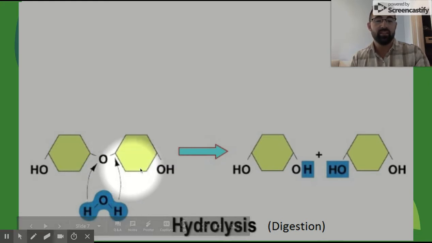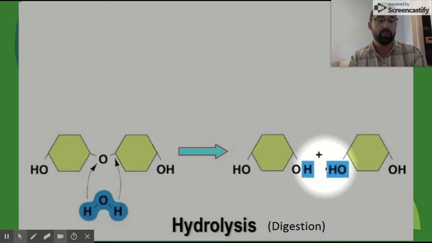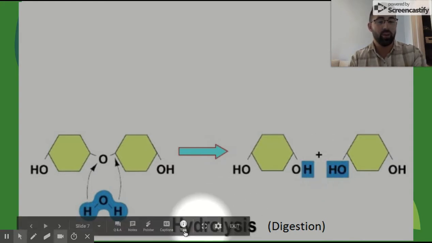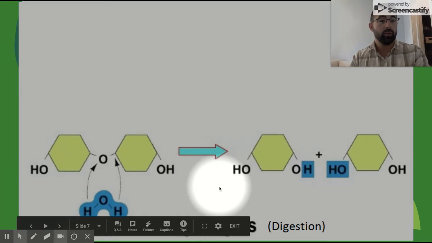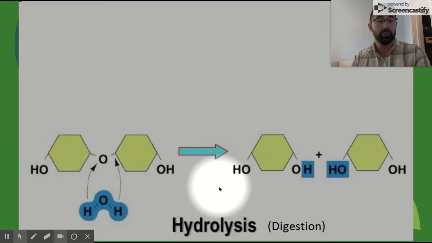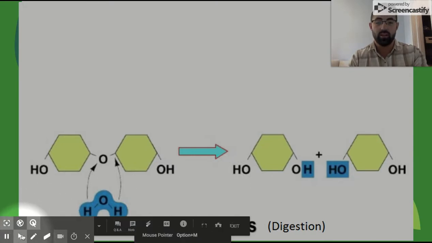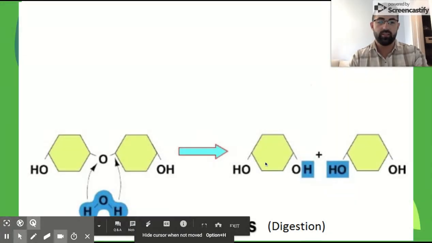And what happens in the course of the reaction is that the water molecule splits and bonds to the different sugar molecules to create two separate sugars. So remember, hydrolysis, we're adding a water to split a complex molecule into two smaller ones.